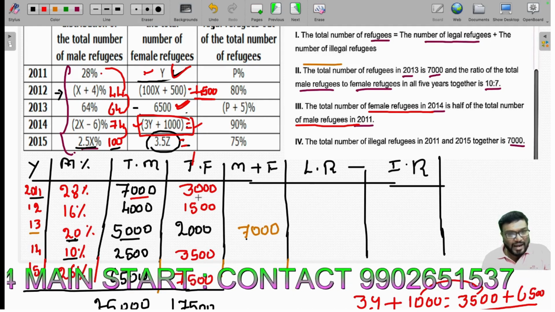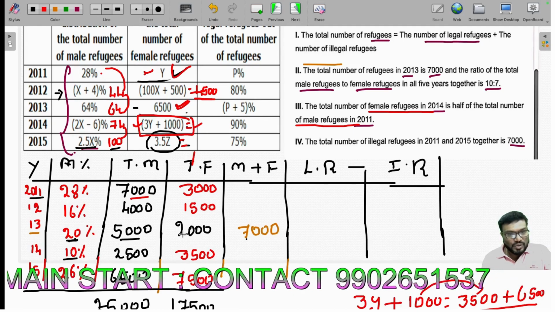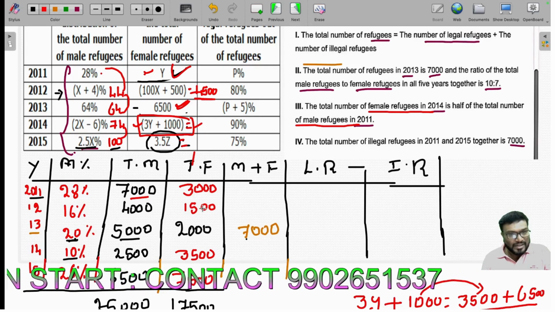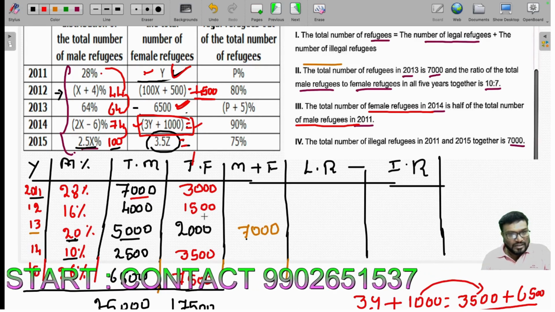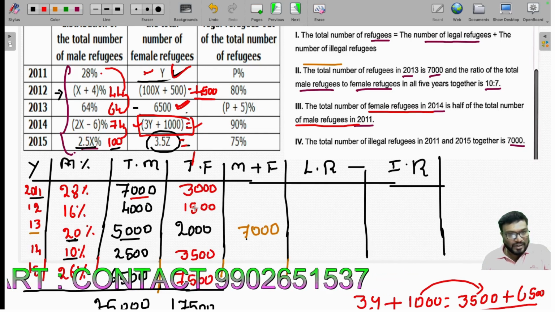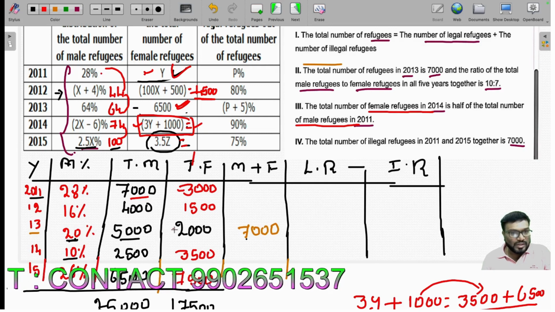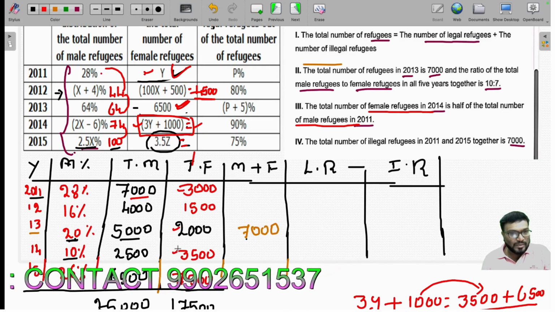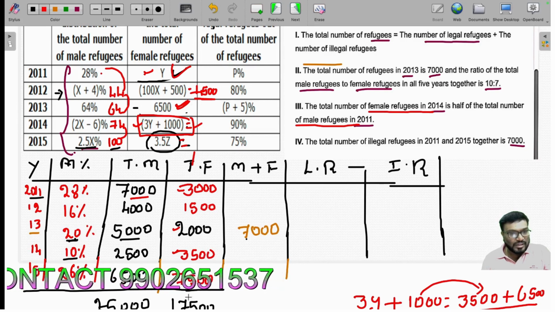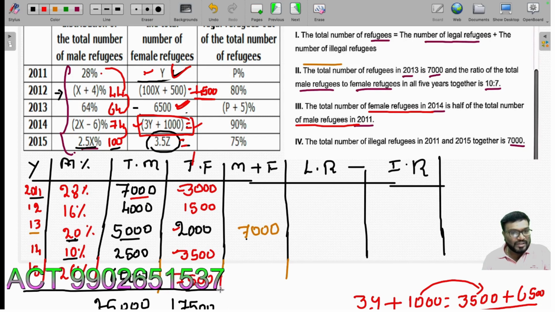If I add 3,000 plus 2,000, 5,000 plus 3,000, 8,000 plus 2,000, 10,000. If I remove 10,000 from 17,500, the remaining value will be 7,500.